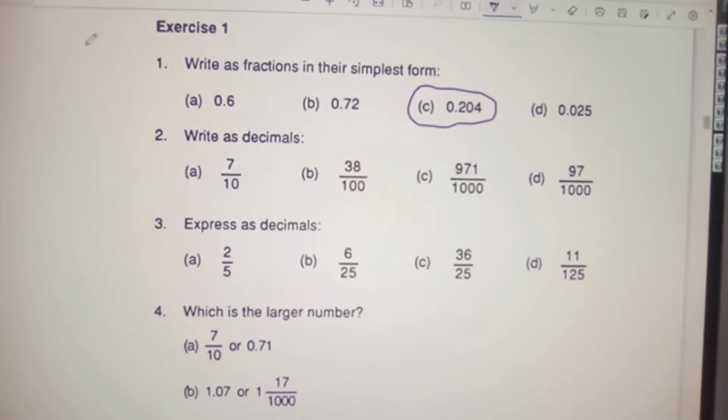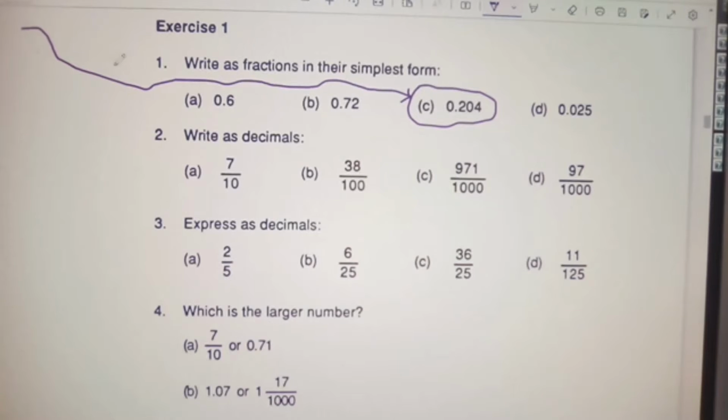And this is the question we're going to be looking at. I'm just going to squiggle on my way across here to show you that we are looking at this question. We're not looking at anything else, just that question there.